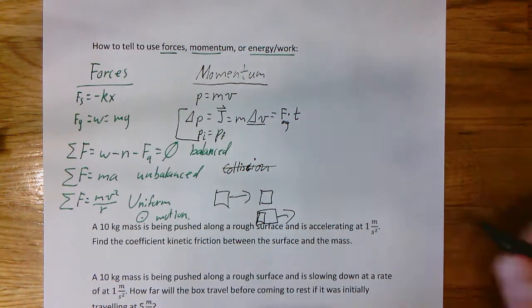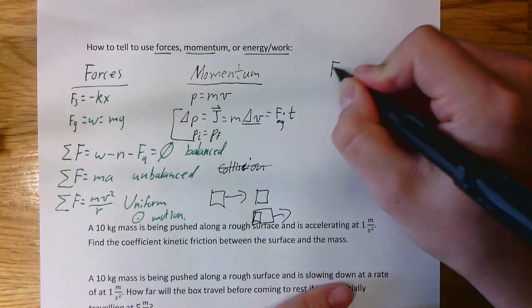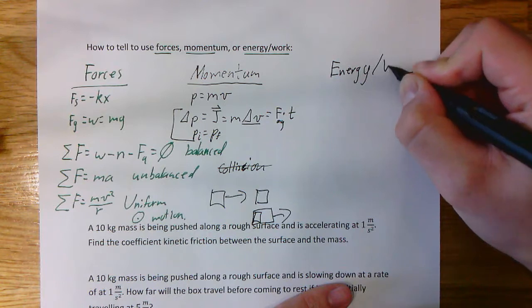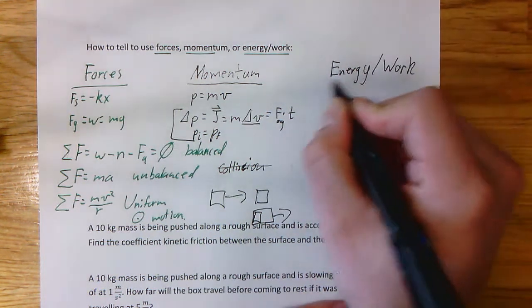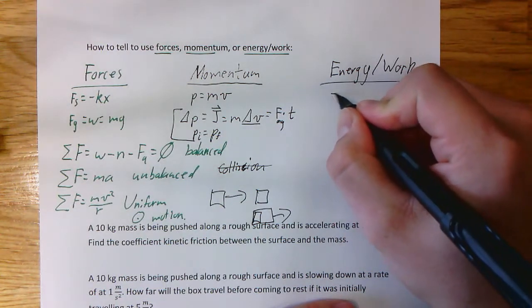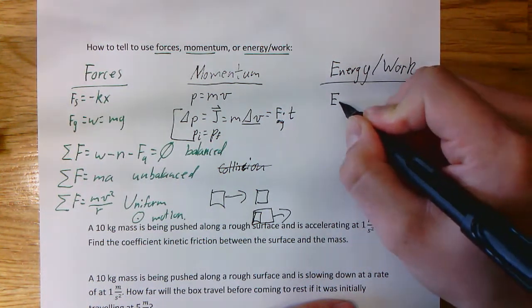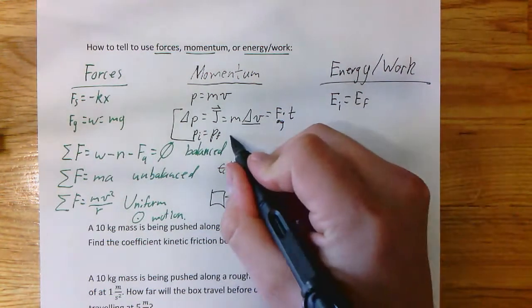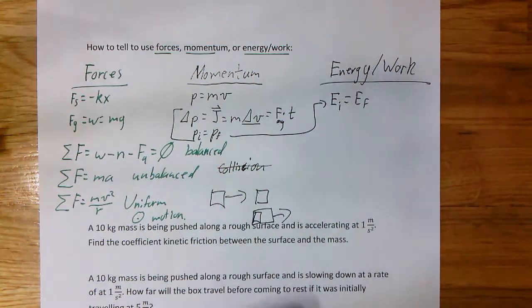Okay. Last thing we want to talk about is energy or work. Okay, so our equations for energy. Energy initial equals energy final. Whoa, it's very similar to momentum. Don't get lost.